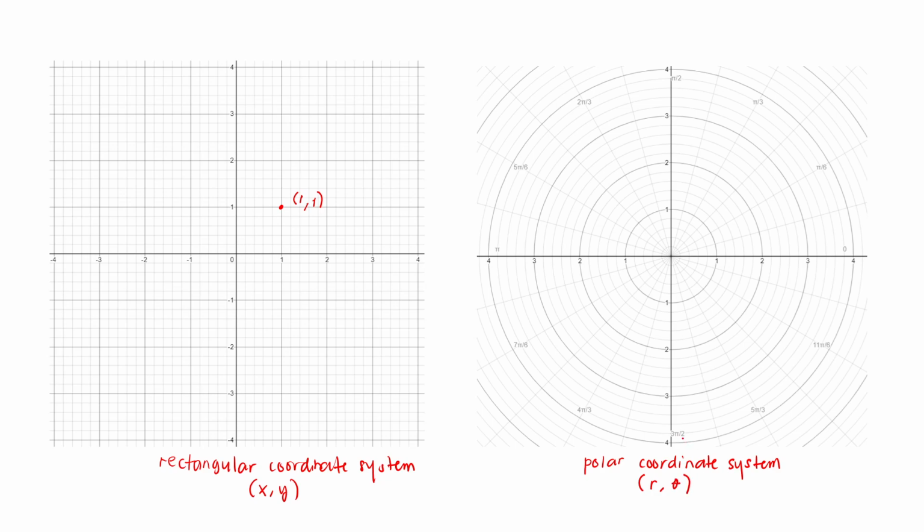So for example, this is your point here. The distance going towards that point from the origin is 2, as you can see from the circle. So this will be 2. And then the angle, from the x-axis going to that point, is pi over 3 or 60 degrees.